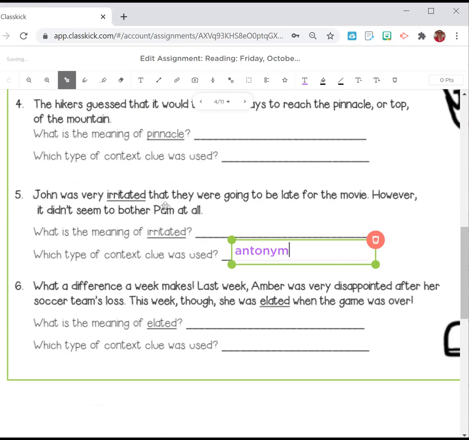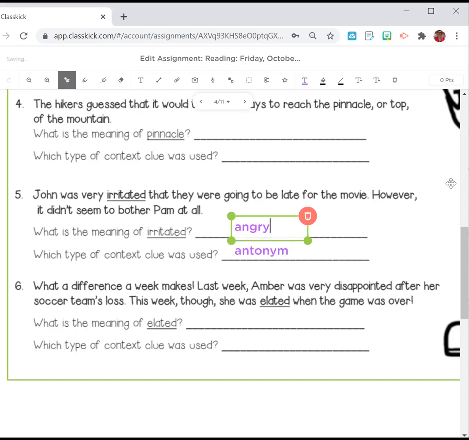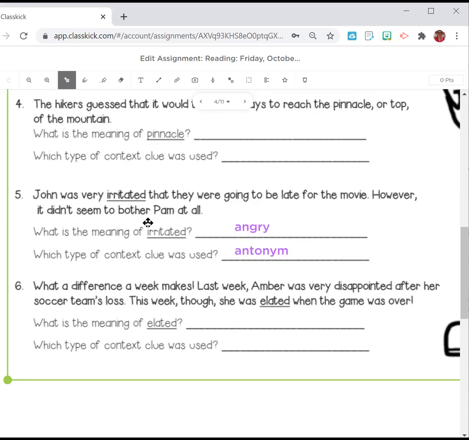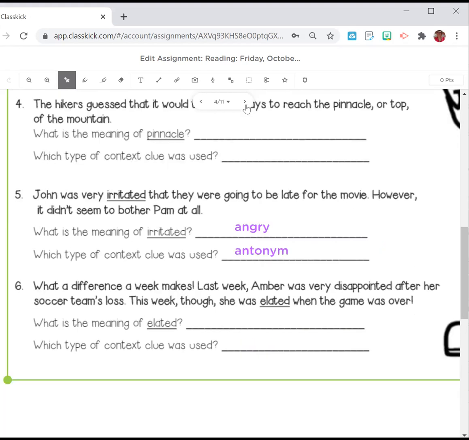So if Pam was not bothered, the opposite of not bothered would be angry. So irritated means angry. Make sure you have these parts filled in, and you will be completing 2, 4, and 6 on your own.